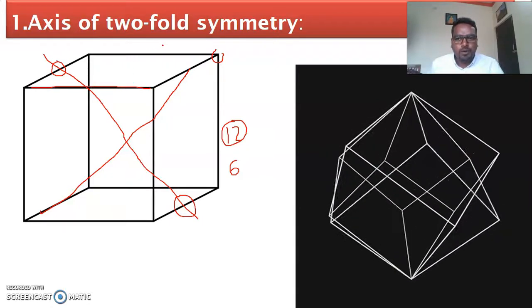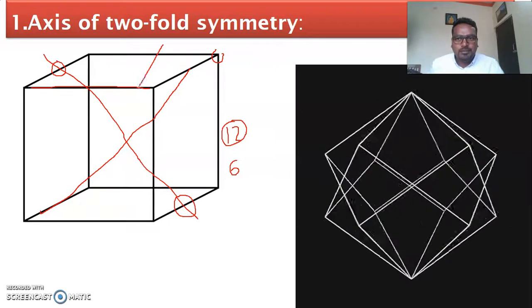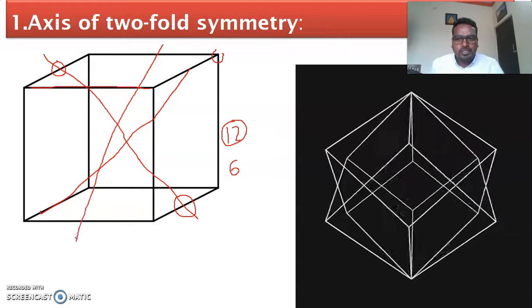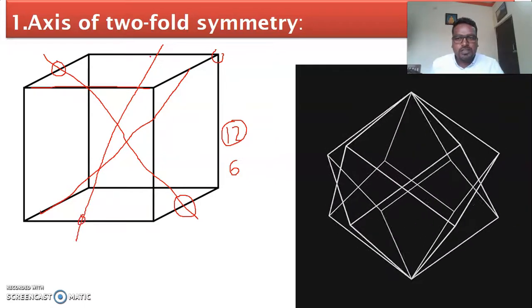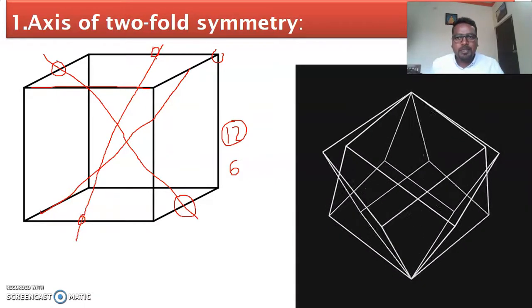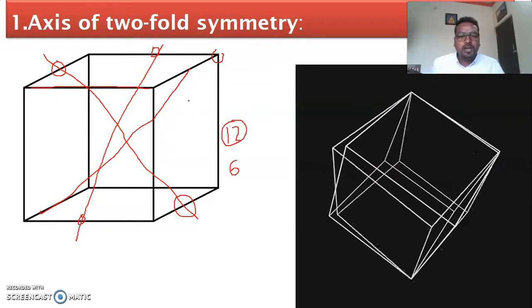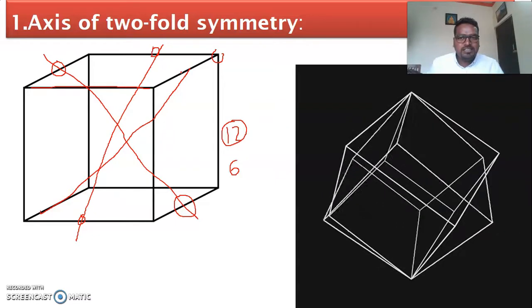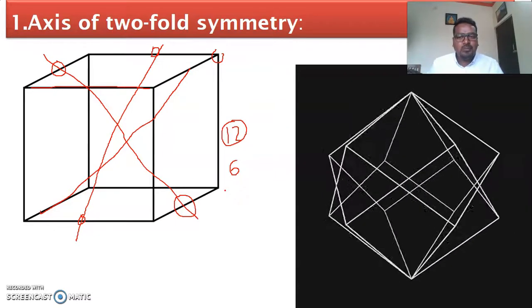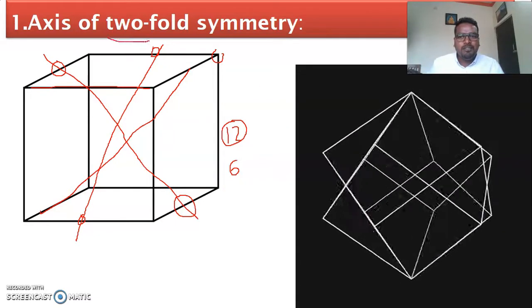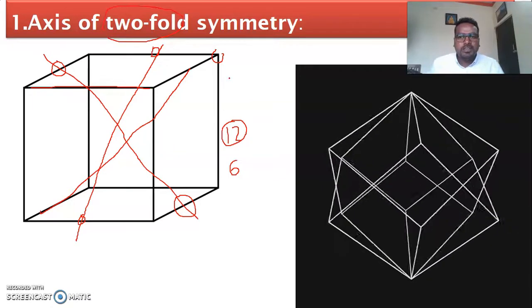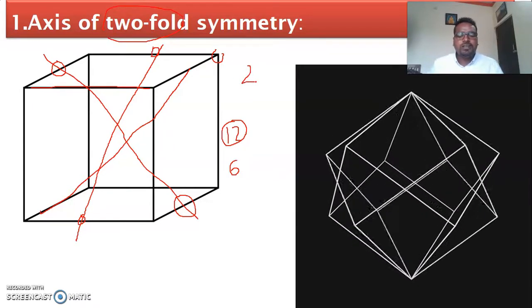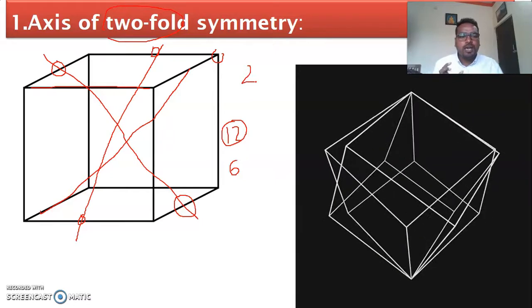So I pass the line between two opposite edges, and on rotating the crystal about this line, the same appearance appears twice. That's why it is called twofold axis of symmetry.